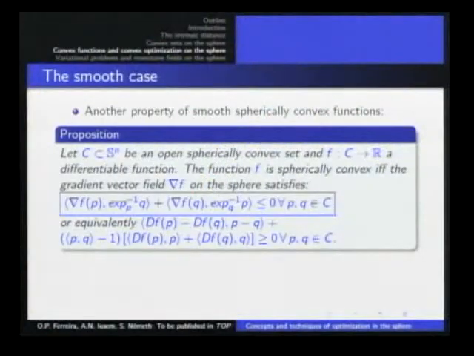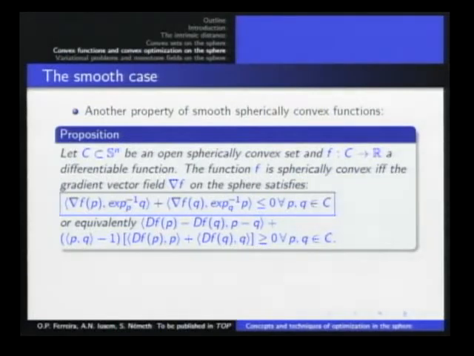Okay. Another property, well, now the other equivalence. We know that when you have a convex function, you have the gradient inequality, and you also have the other characterization, which says basically that the gradient is monotone. Well, now this second inequality is this one. Here, nabla f is the gradient vector field on the sphere.